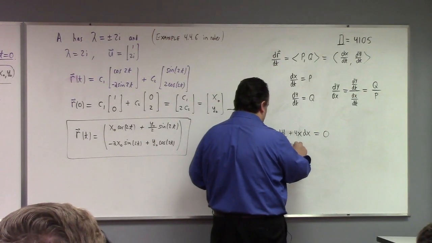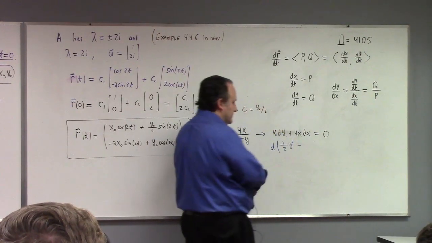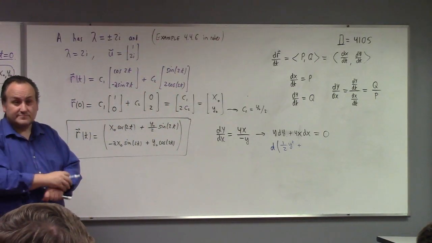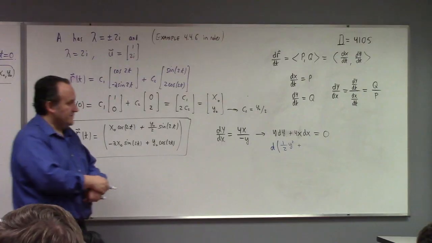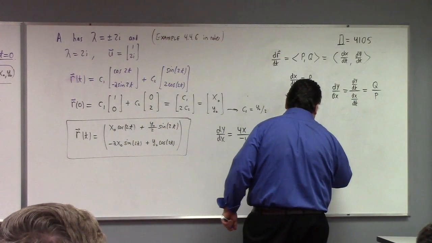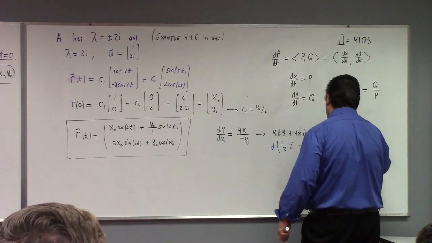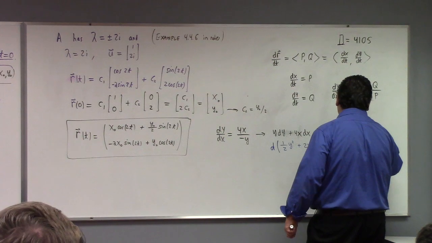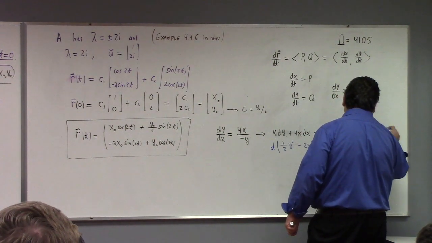Yeah? Plus what? How can I get a 4x dx from the total differential? 2x squared, right. 1/2 y squared plus 2x squared. That is equal to 0. And that then immediately tells me, by calculus, that 2x squared plus y squared over 2 equals a constant.